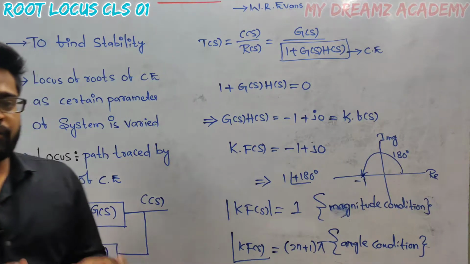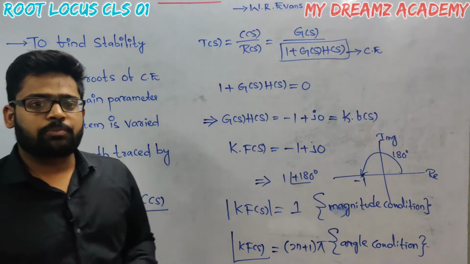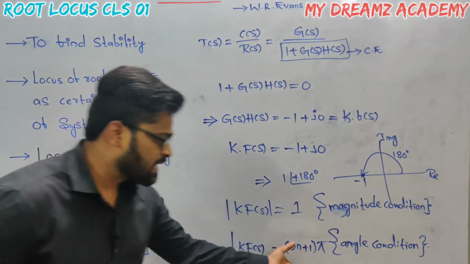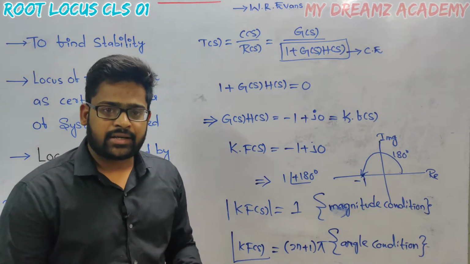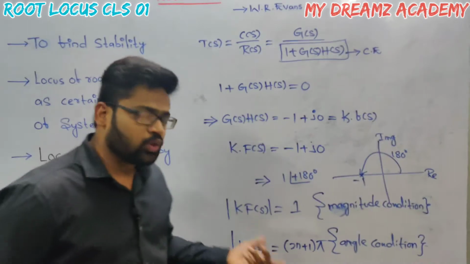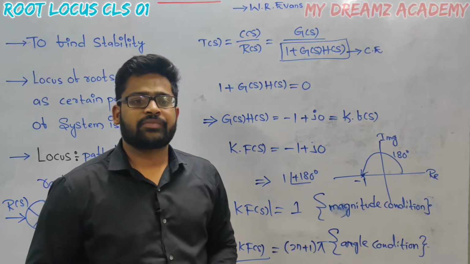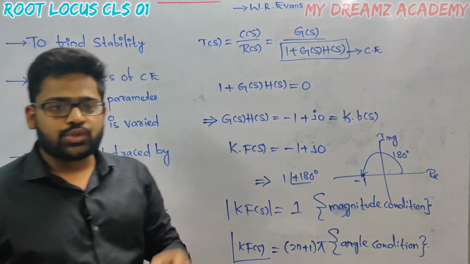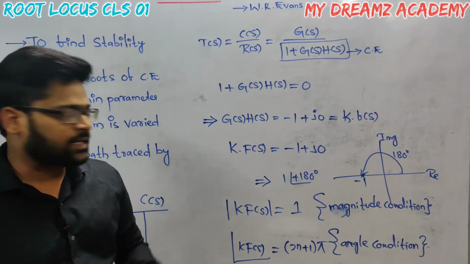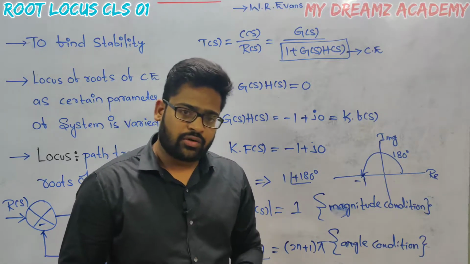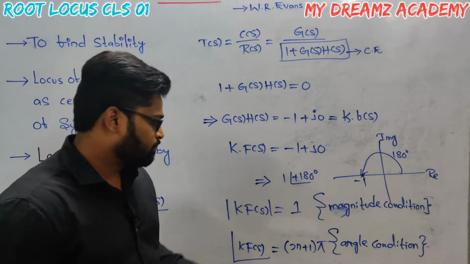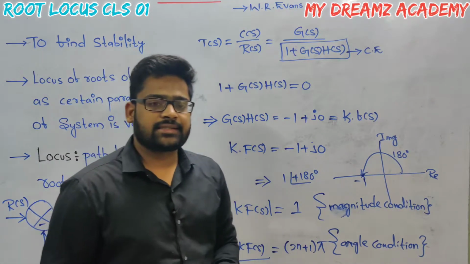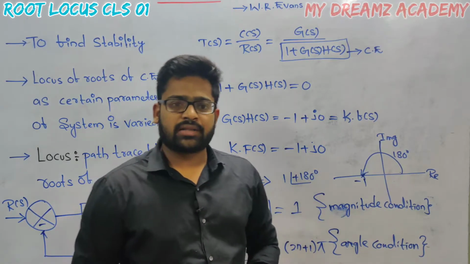Any point, whether it is on the root locus path or not, we can find by using this angle condition, by varying S from 0 to infinity. And the magnitude condition is used to find the value of K, and the angle condition is used to find whether that point is located on the root locus path or not.